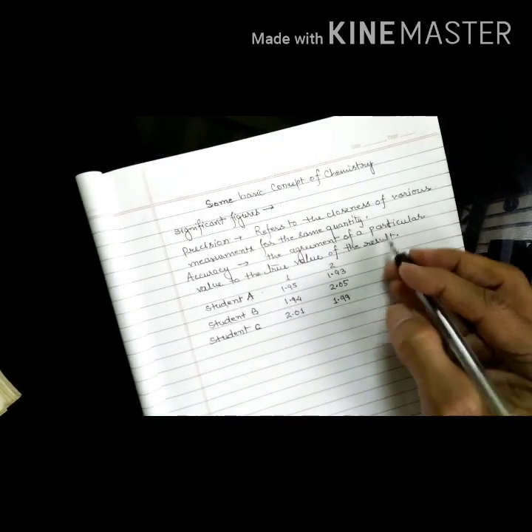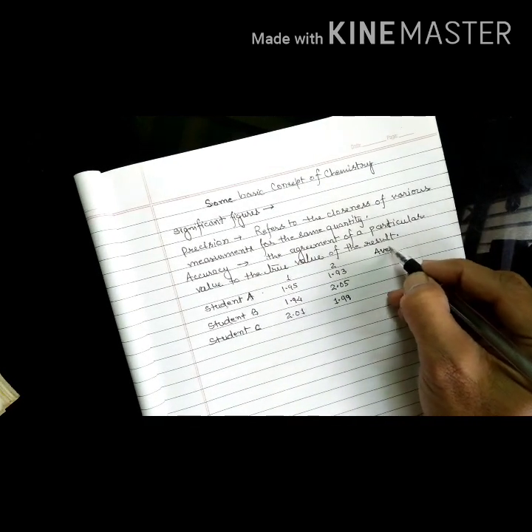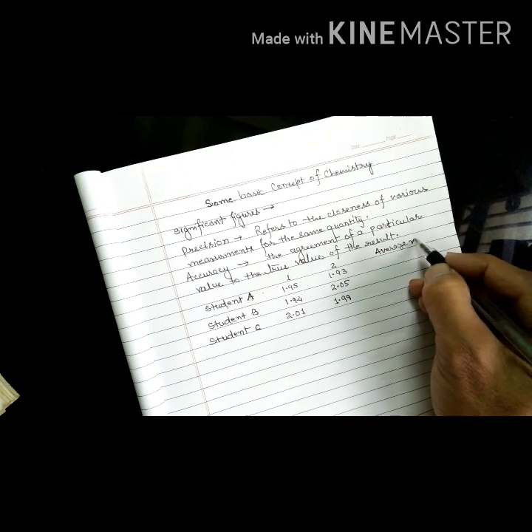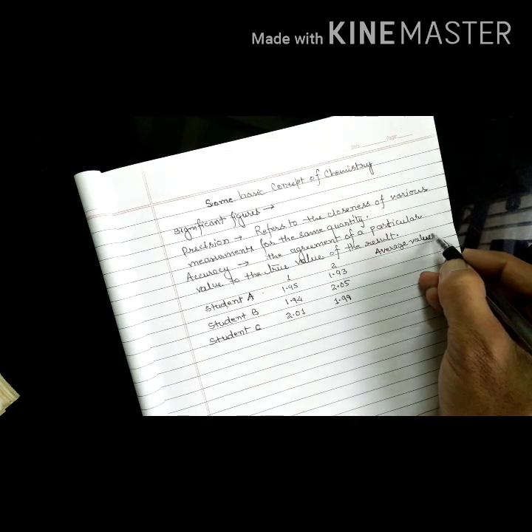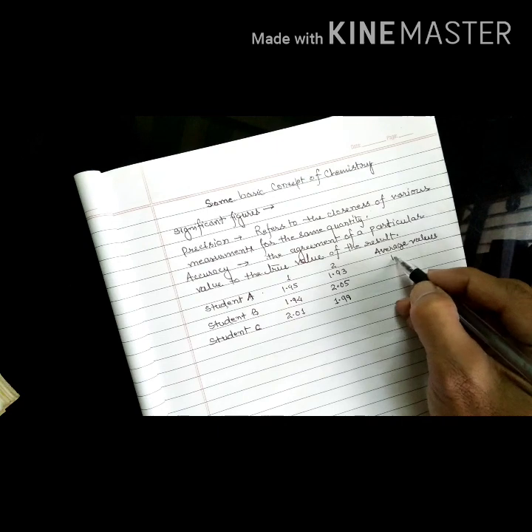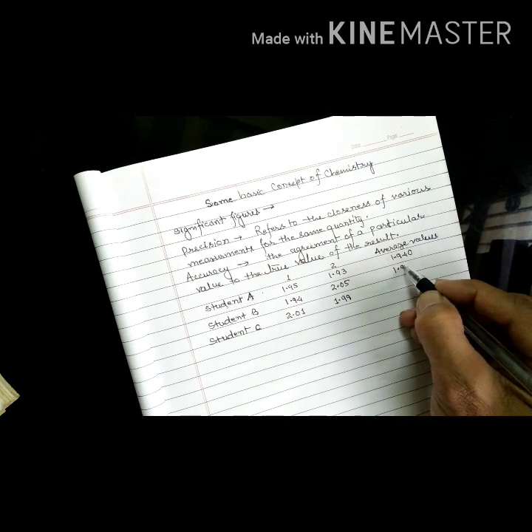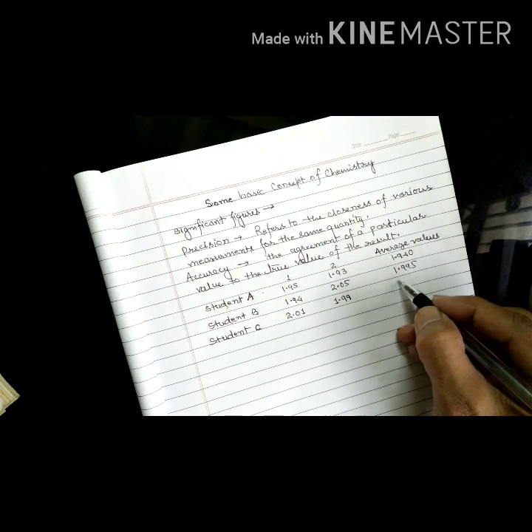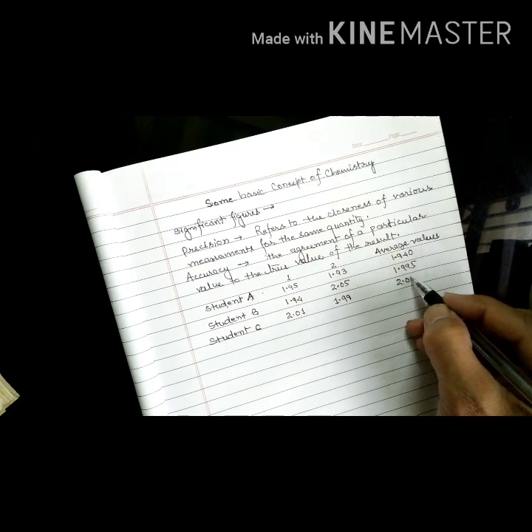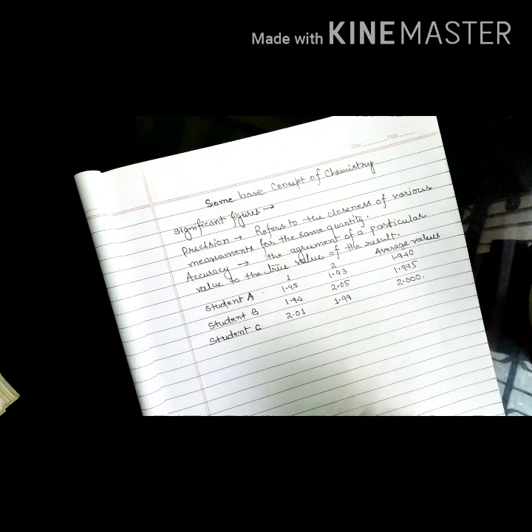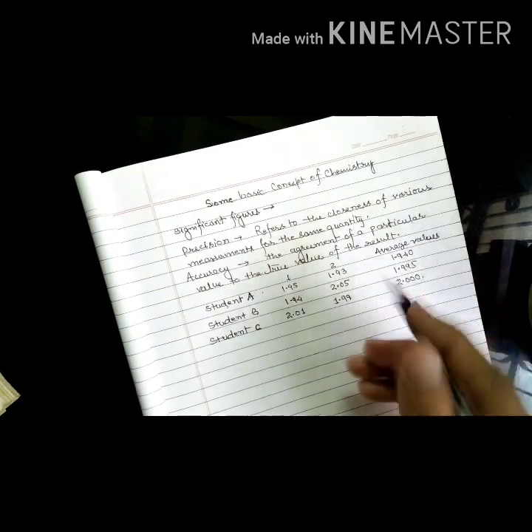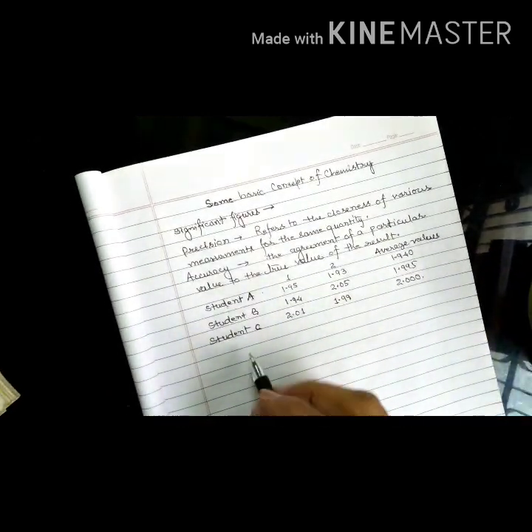Then the average values come to 1.940, 1.995, 2.000.